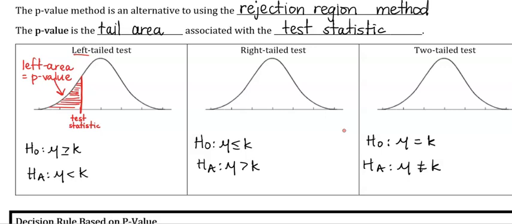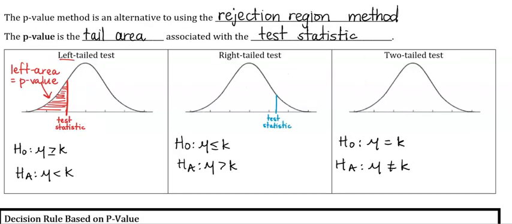If we were working on a right tail test, let's say that our test statistic maybe landed somewhere over here. So that's the test statistic that we would have gotten from using some formula. Which formula we would use depends on the type of hypothesis test. We've seen three different types so far. Two for the mean, depending on whether population standard deviation is known or not, and one for a population proportion.